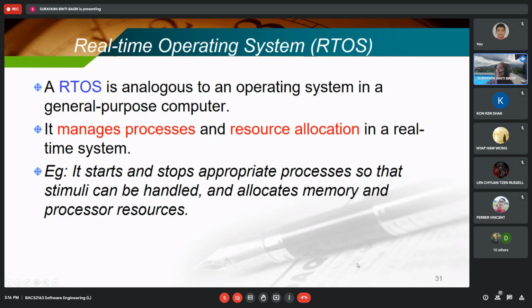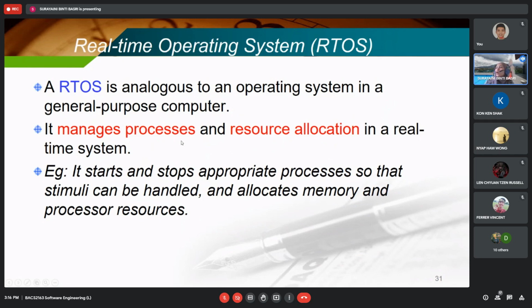So it is actually analogous to an operating system in a general purpose computer. The general operating system in a general purpose computer is whatever operating system that we are using in our laptop or in our personal computer.